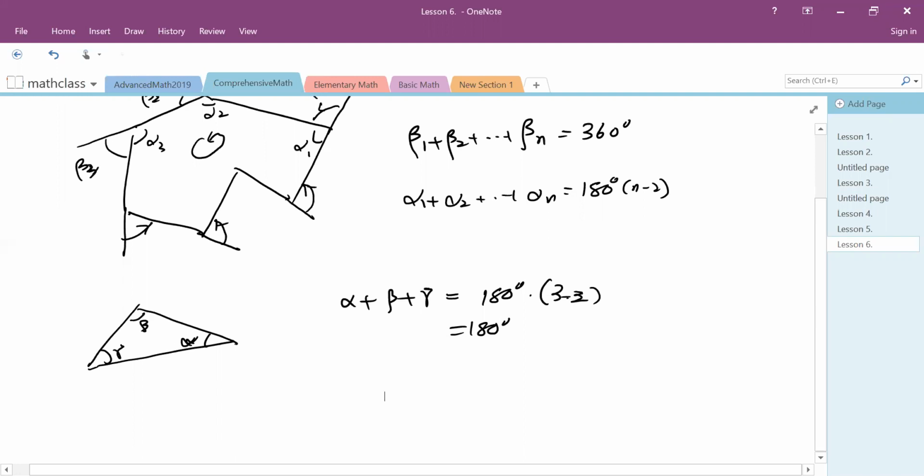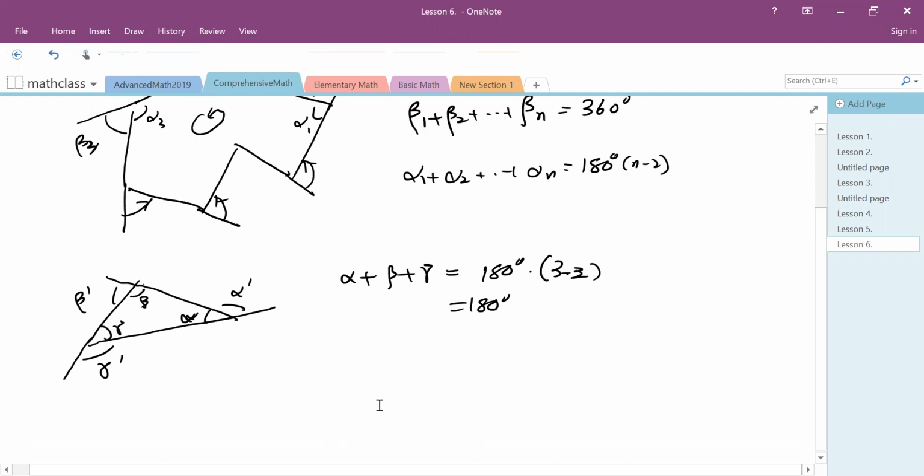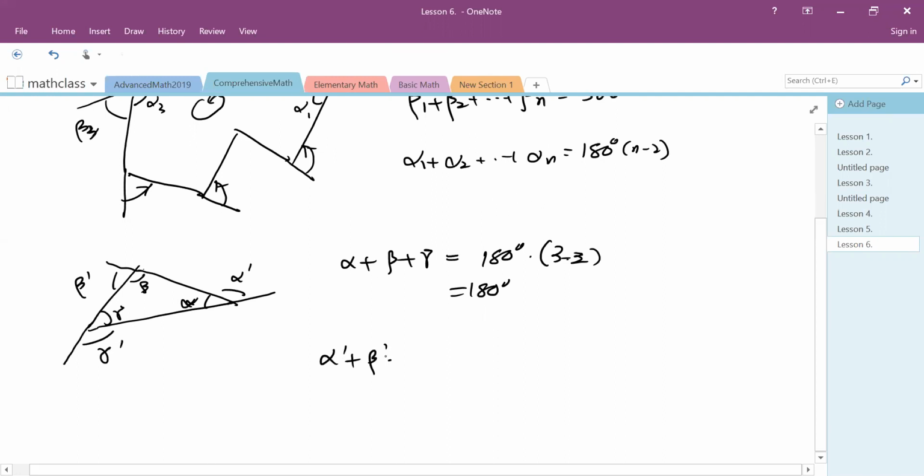So this is special, right? But if you're talking about the exterior angle, it will always be 360 degrees. Let's do this. We can find the exterior angle directly. That's called alpha prime, beta prime, gamma prime, right? So the exterior angle sum is going to be 180 degrees minus alpha plus 180 degrees minus beta plus 180 degrees minus gamma.